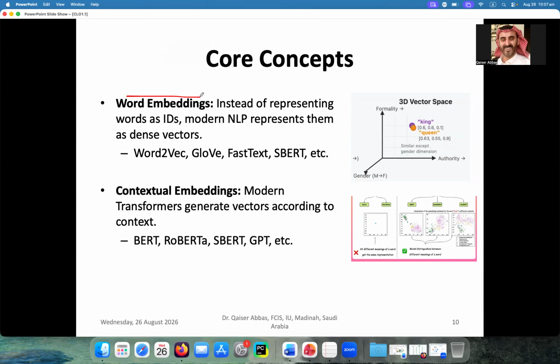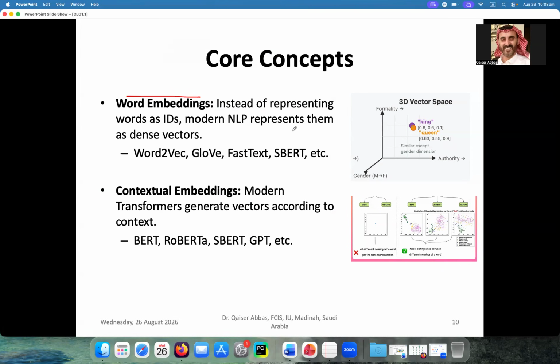You have to convert your words, which you are giving as an input to your model, into the form of vectors. You can shortly call them vectors, or you can also call them word embedding, or you can also call them embedding vectors. No issue. People are using these different words for the same thing.